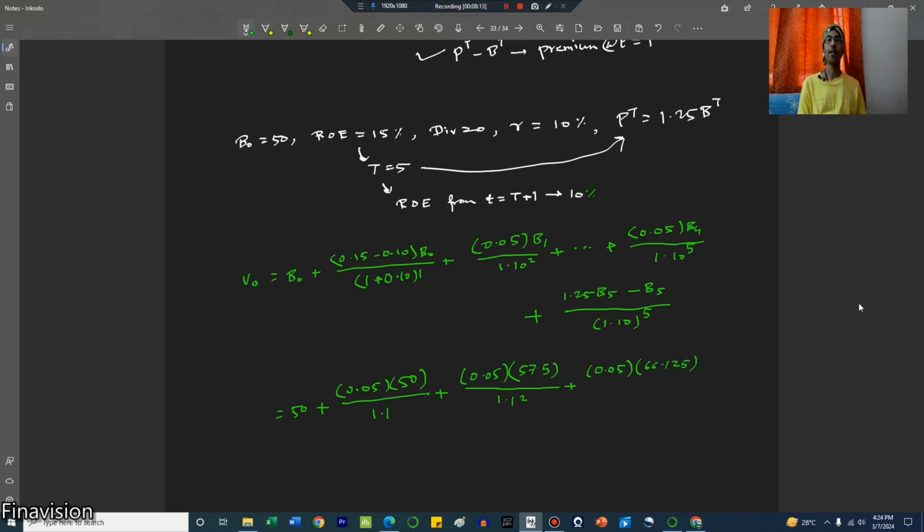Now, why am I multiplying the entire book value and writing it here as the new book value? Why am I able to do that? The reason is there are no dividends. Retained earnings is equal to the earnings, right? This implies retained earnings at time t is equal to return on equity at time t into book value at time t minus 1.